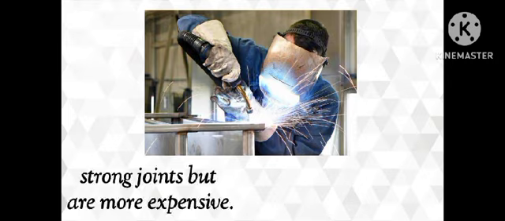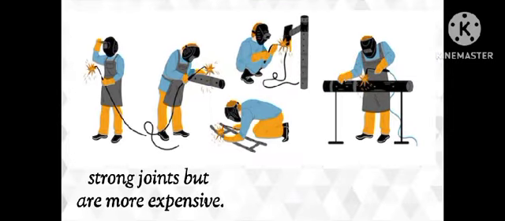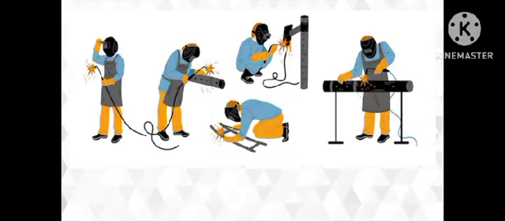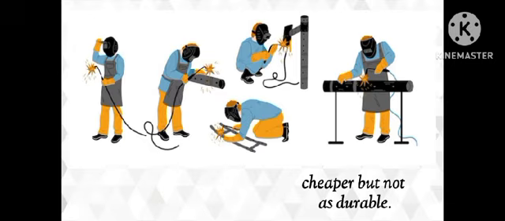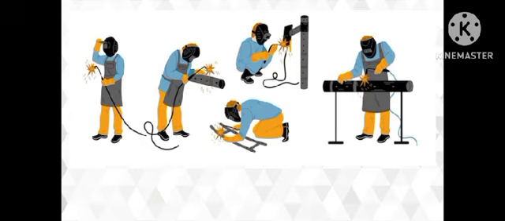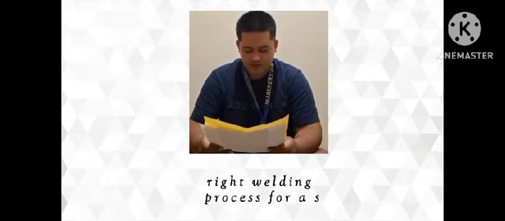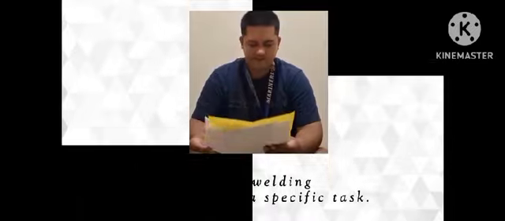For example, some produce very strong joints but are more expensive, while others are cheaper but not as durable. By studying these aspects, we can better understand how to choose the right welding process for a specific task.